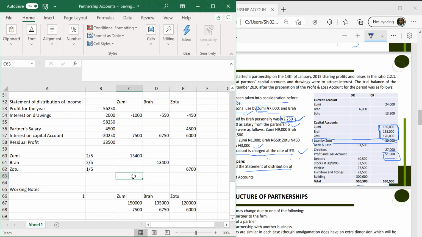So this is the amount that they would have. This is their share of profit. So their share of profit will now be how much? Let's sum it together. Can somebody sum it?